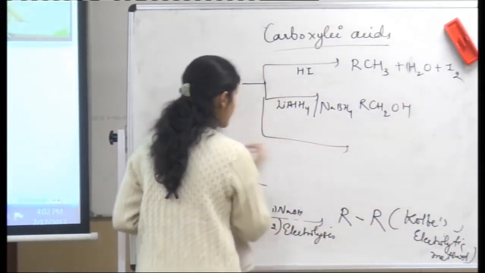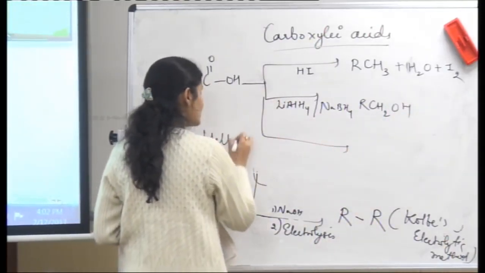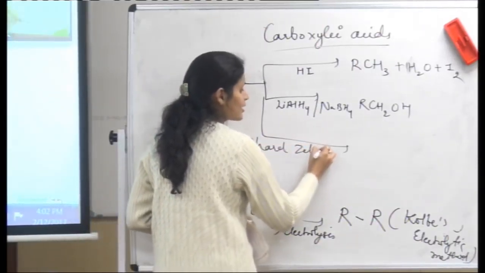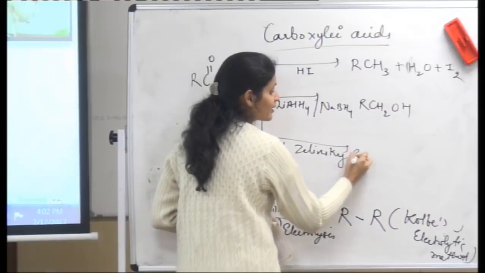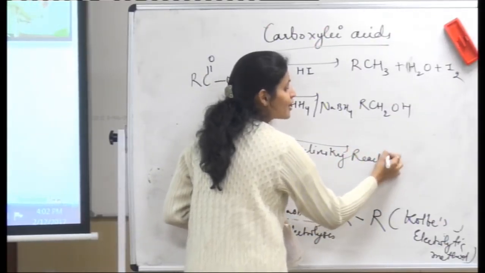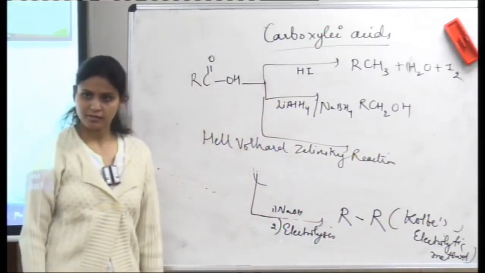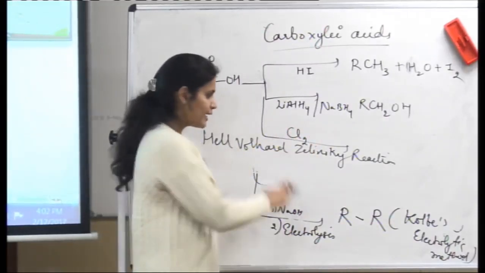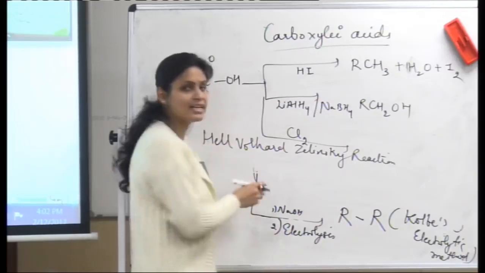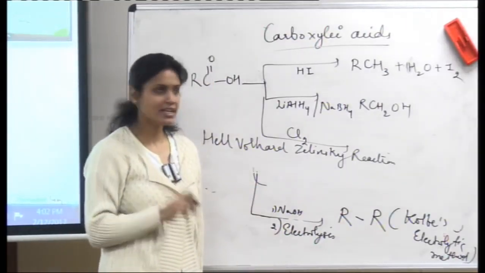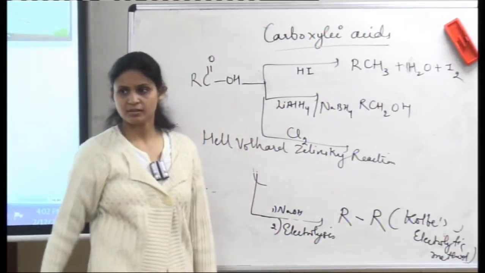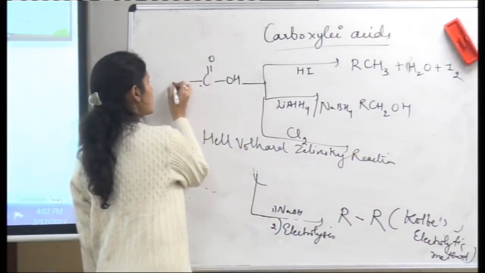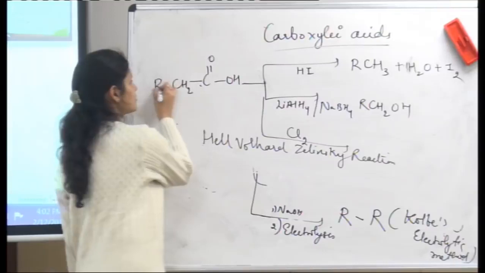Do you know the Hell-Volhard-Zelinsky reaction? It is used for the alpha halogenation, right? Suppose I am using Cl2. This reaction is used for the alpha halogenation of the carboxylic acid. Suppose this is the carboxylic acid.